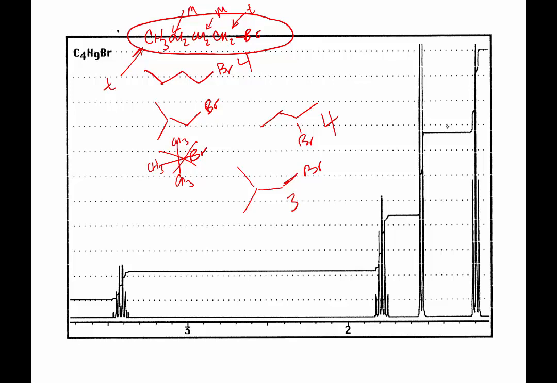So what kind of group is attached to the bromine? First thing, how about the integration? I can figure out what group that is from the integration. And that's what? A block. What's the middle one? 2 blocks, 3 blocks, and 3 blocks.